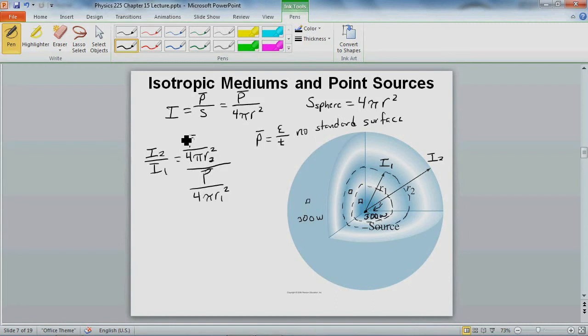So since the average power is equal, those are going to cancel out. The 4 pi's are going to cancel out, and I'm going to come up with a ratio of R1 squared over R2 squared.